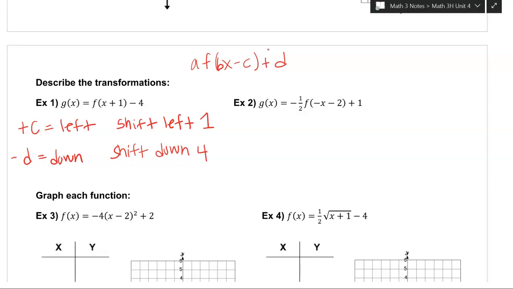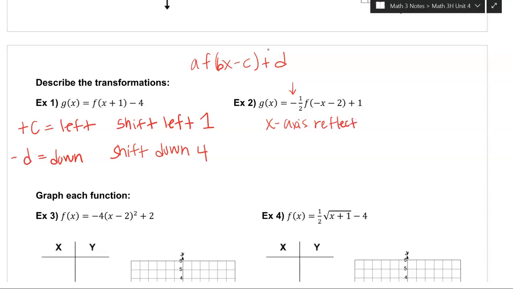All right, next one. We do have an a value, and we also have a negative out front. So remember that negative out front is going to be a reflection on the x-axis. I spelled that totally wrong. All right.